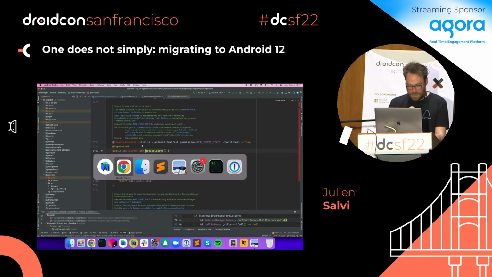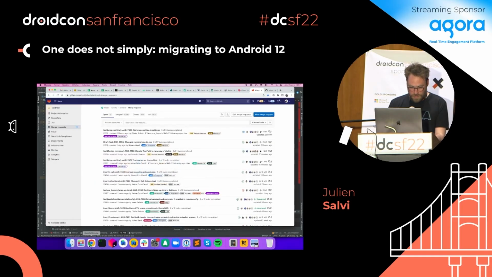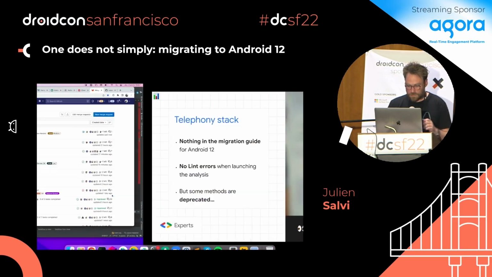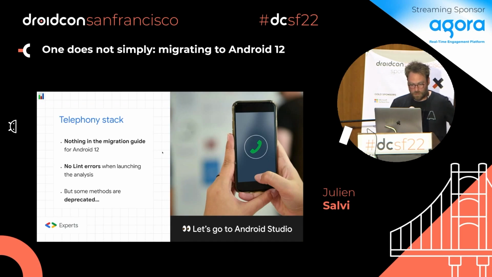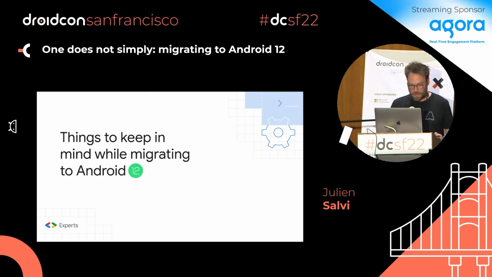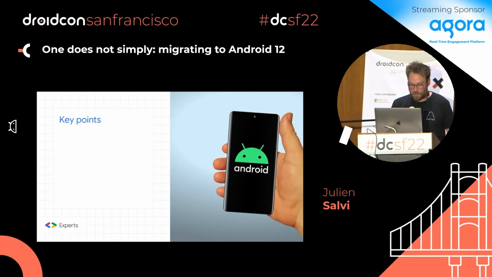Okay, so let's move back to the slides. To finish, the big things to keep in mind while you are migrating your application. The main key points here: test beta versions as soon as possible to be prepared for your next migration.